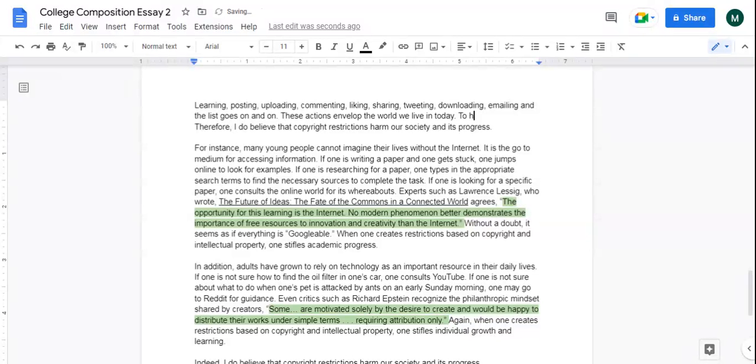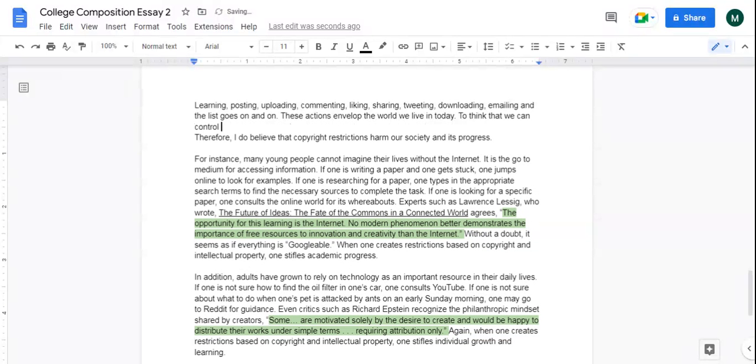To think that we can stop it, we can control it, is laughable. Technology has outpaced. 3 seconds, writers?